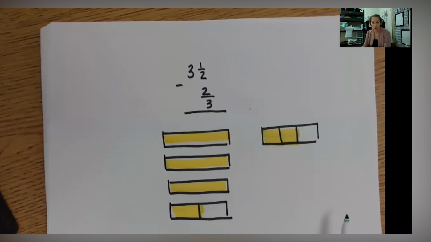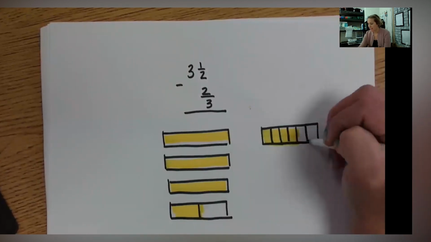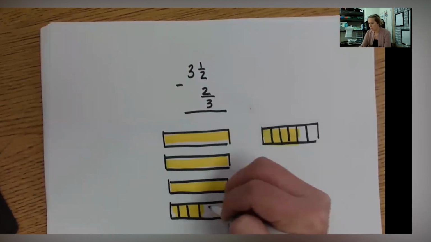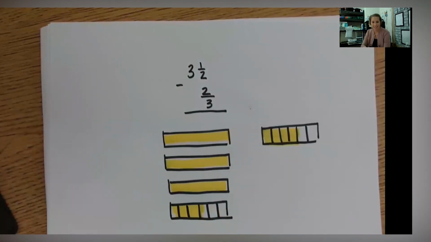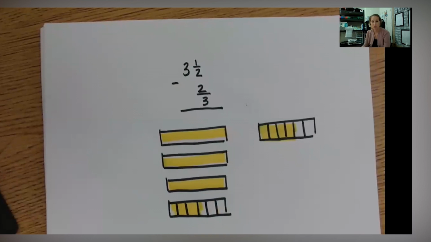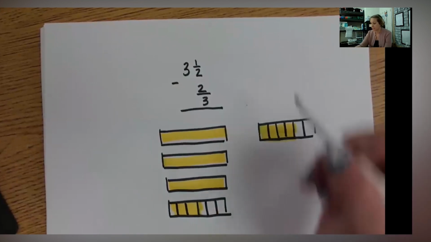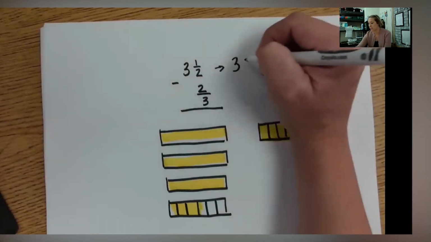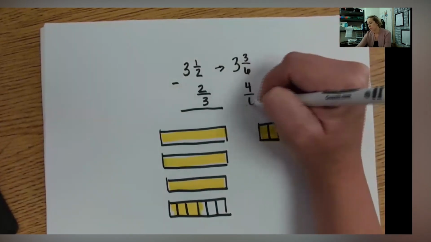Did you find the common multiple 6 to get 6 equal pieces? You did? Fantastic job. Now, let's model the subtraction. What number are we subtracting? Well, you'll notice I have 4/6. So let's rewrite this. 3 3/6 and 4/6.